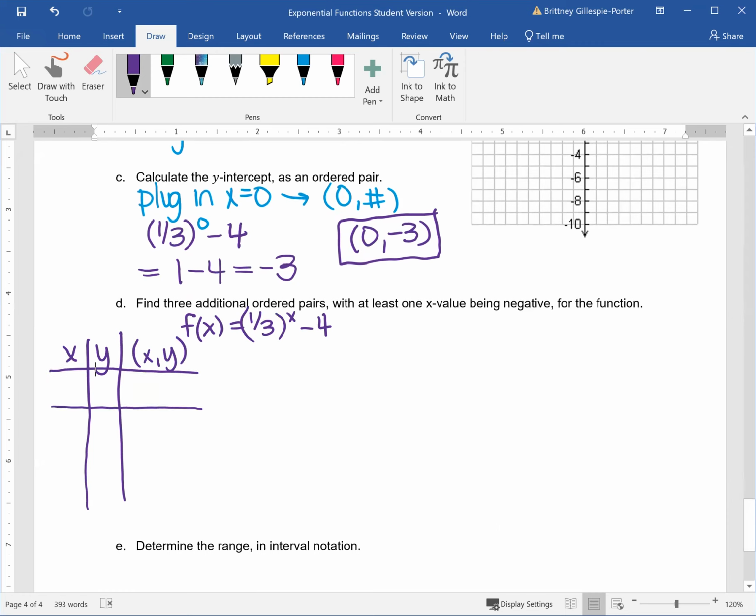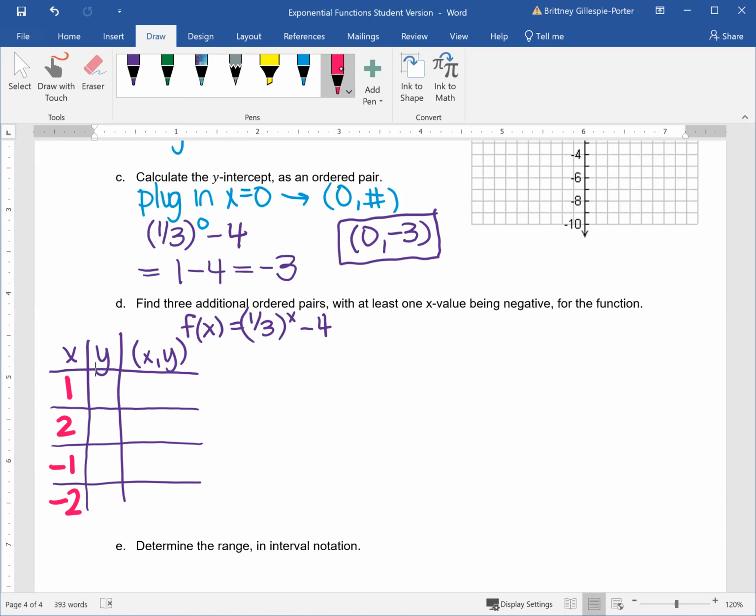And just so you can see what's going on, instead of 3, I'm going to plug in 4. So let's say that we decide to plug in 1, 2, -1, and -2, just to get our negatives in there. We're not plugging in 0 because we already did.